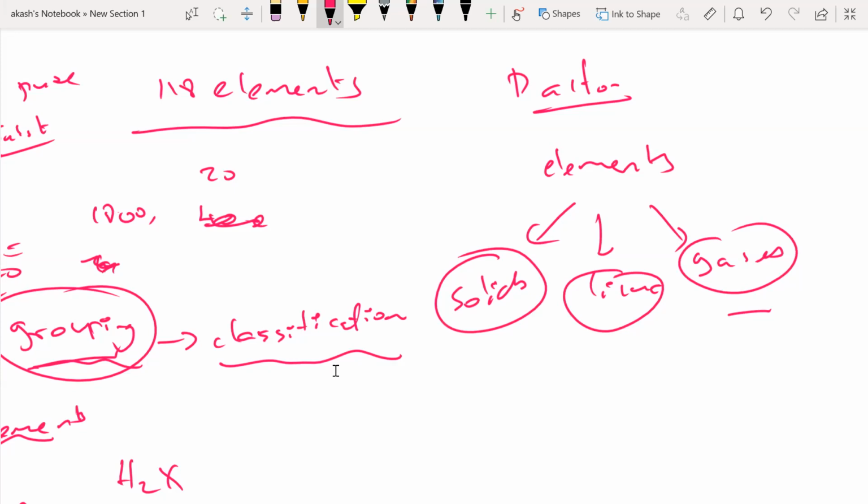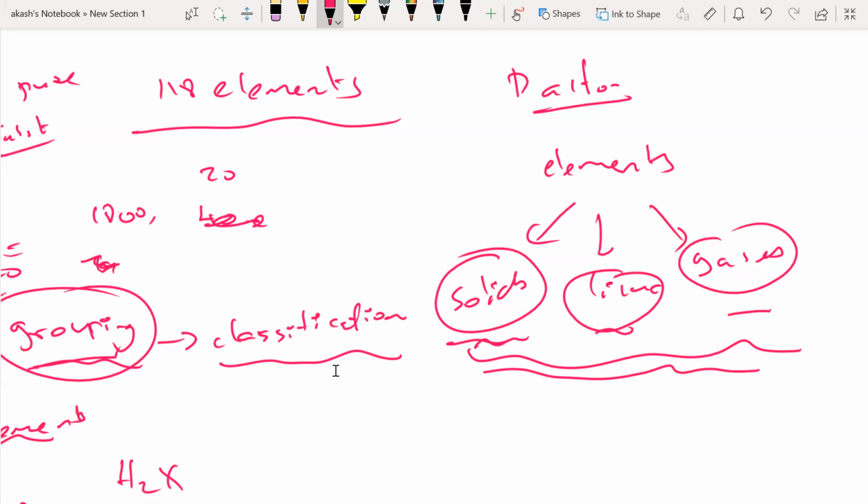But this was a very bad way of doing it, because these are physical properties: solids, liquids and gases. Among solids itself, I will have different properties. Some solids can be very soft, some very hard. Some liquids will have very low viscosity, others very high viscosity.